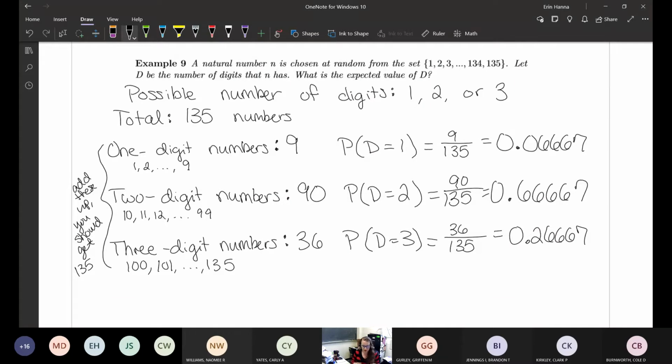So with expected value, you take essentially, what's the word I want to use here? The actual value that you get from that, and then the probability of getting that value. So our possible values are 1, 2, or 3, and then the probabilities are what we just found.